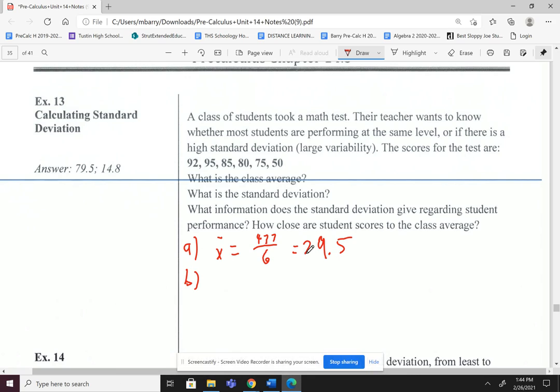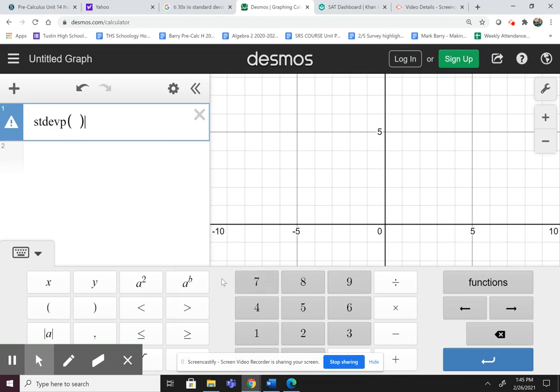So let me write down these numbers: 92, 95, 85, 80, 75, 50. Okay, so now I'm just going to go to the STDDEVP.